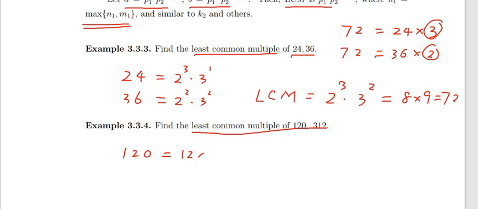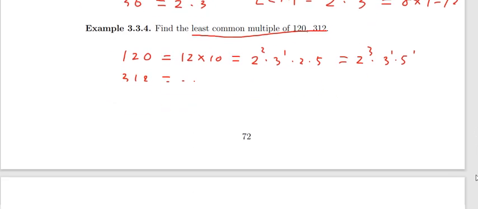I think 12 is 2 squared times 3 to the first, then 10 is 2 times 5, equal to 2 squared times 3 to the first times 5 to the first. Once we can factor those two numbers, we can easily find the LCM. We just pick the maximum, the largest of those exponents.